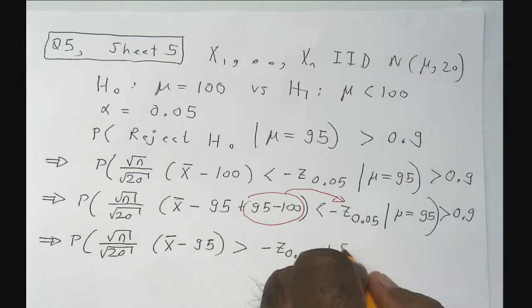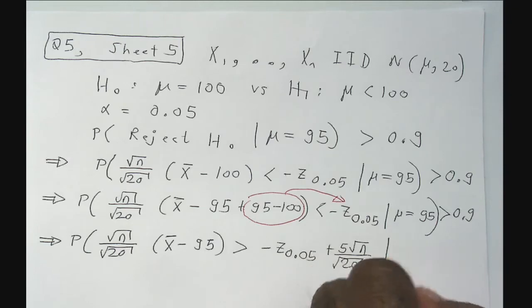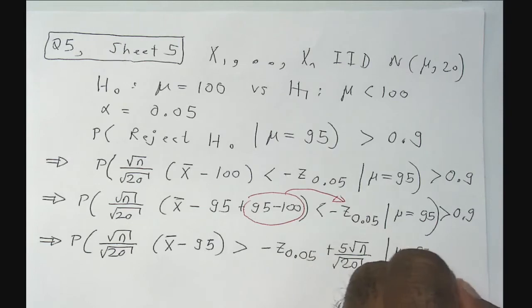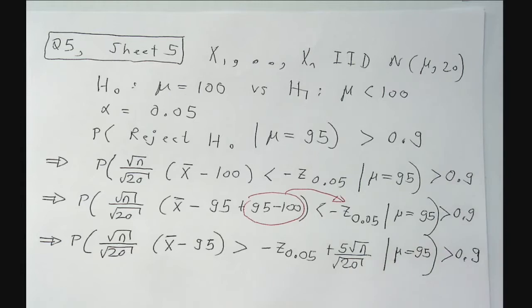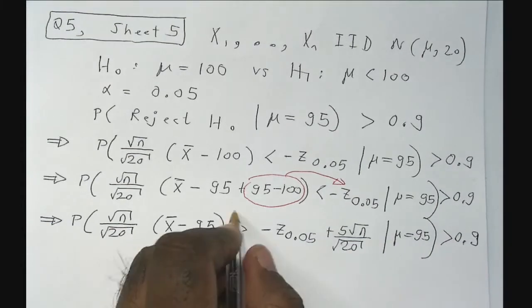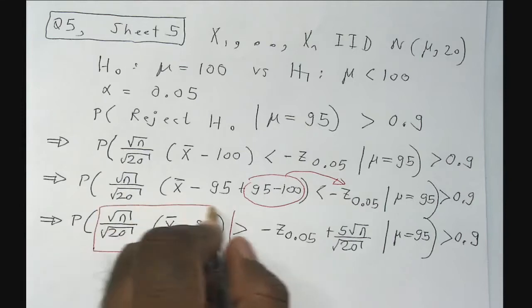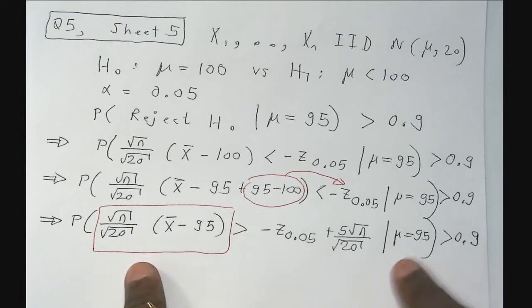So it will be 5 root of n divided by root of 20. Okay. Now, this expression here must have the standard normal distribution because the true value for mu is 95, right?